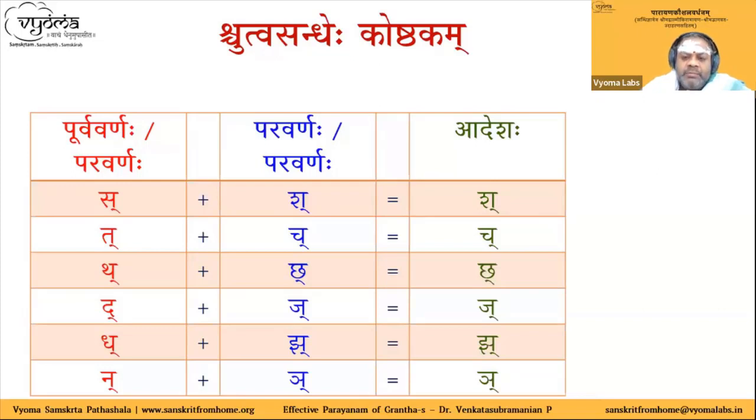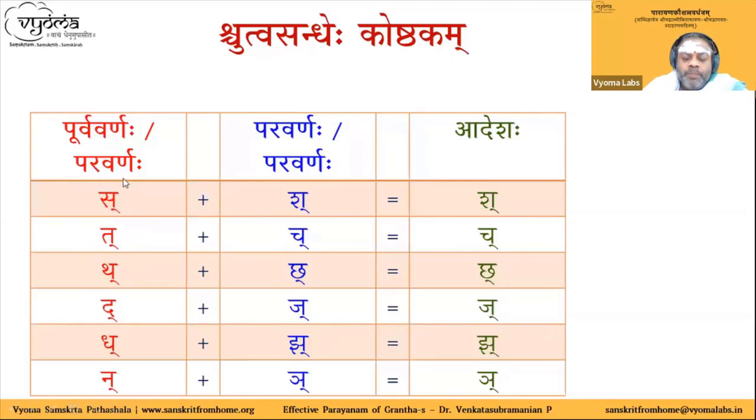The green color on the right hand side are the Adeshas. Now, Sakara can join with Shakara; actually, the table should be Sa plus Sha. Sa plus Sha will give Sha. Now, Sa can join with Chavarga also. All the letters of Chavarga, the answer will be Shakara only.